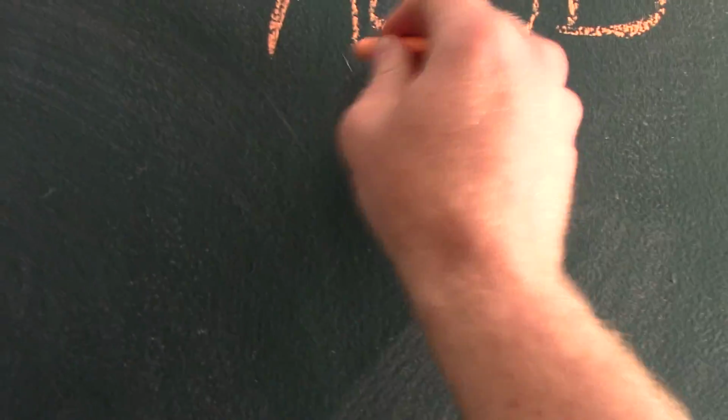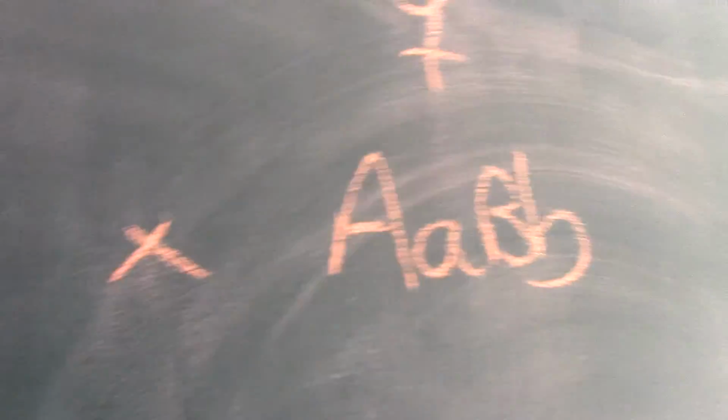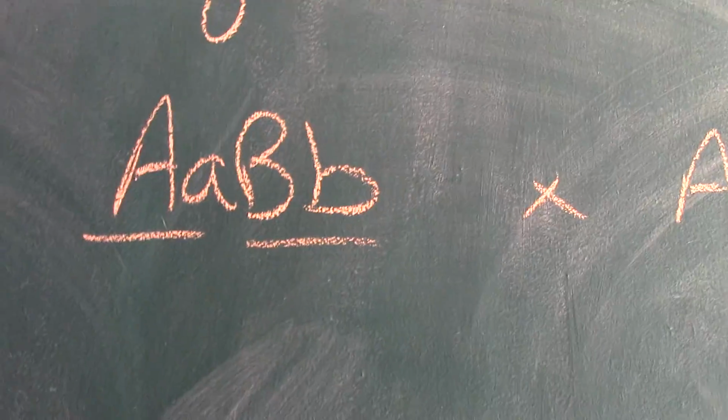So a couple things. When we have two individuals, let's say there's gene A and gene B. So this is one individual in the breeding pair, and this is the other individual in the breeding pair. When you separate your gametes, you have to honor the law of segregation.